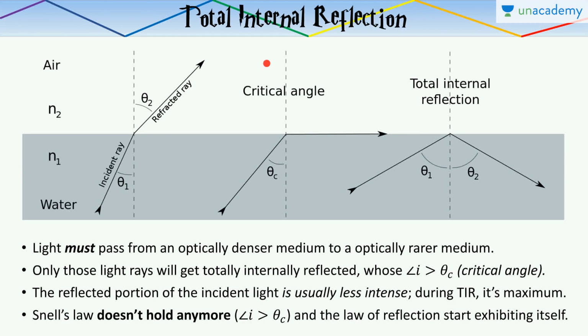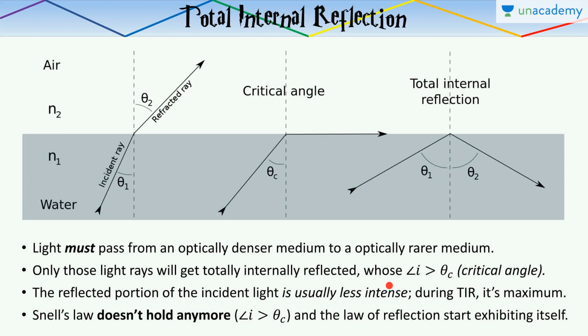That is, the normal and the refracted ray are perpendicular to each other for a certain incidence angle called the critical angle. For every incidence angle greater than the critical angle, you will see all the light rays incident on the water-air interface to be totally internally reflected.